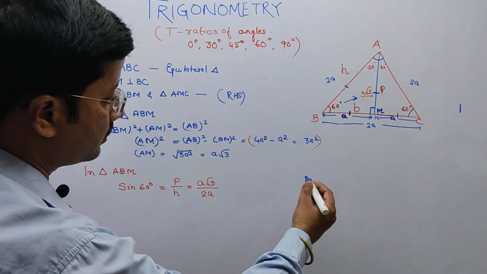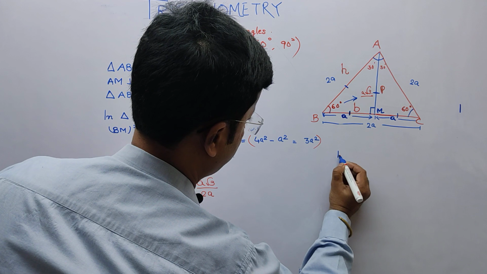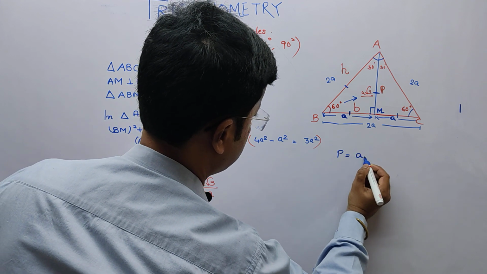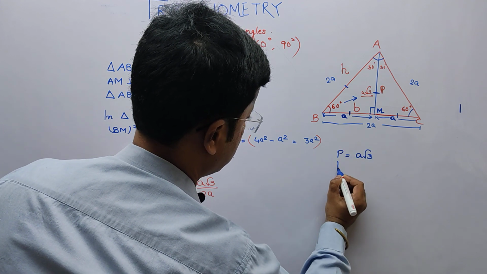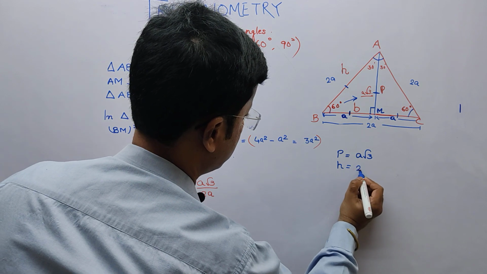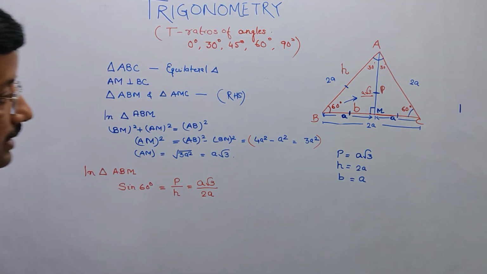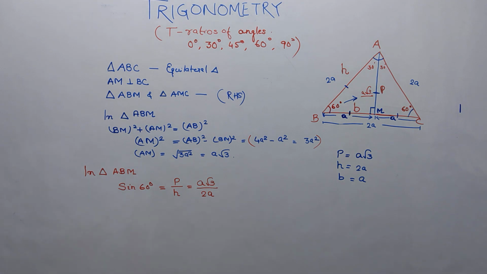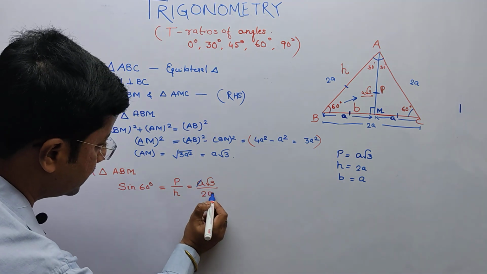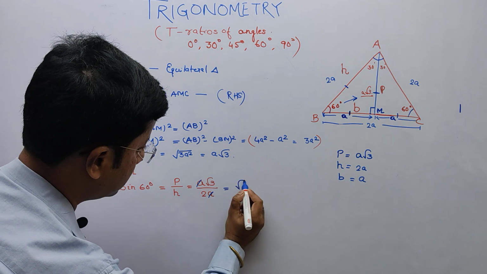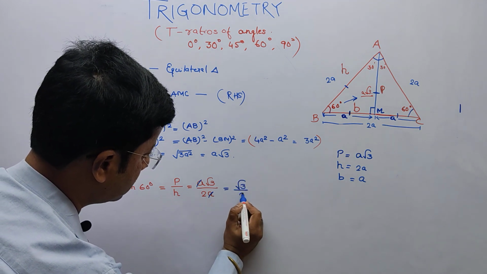Or we can write the values here also. I am writing here perpendicular is a root 3, hypotenuse is 2a, and base is a, right. So after calculating, this a got cancelled, and we got root 3 upon 2.